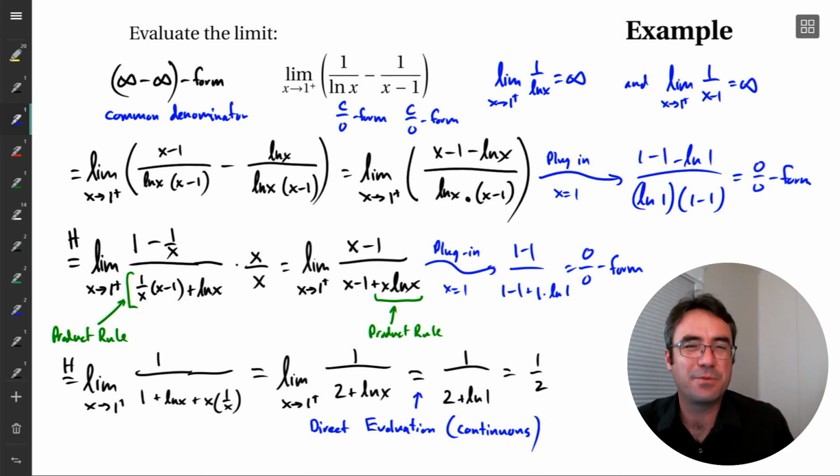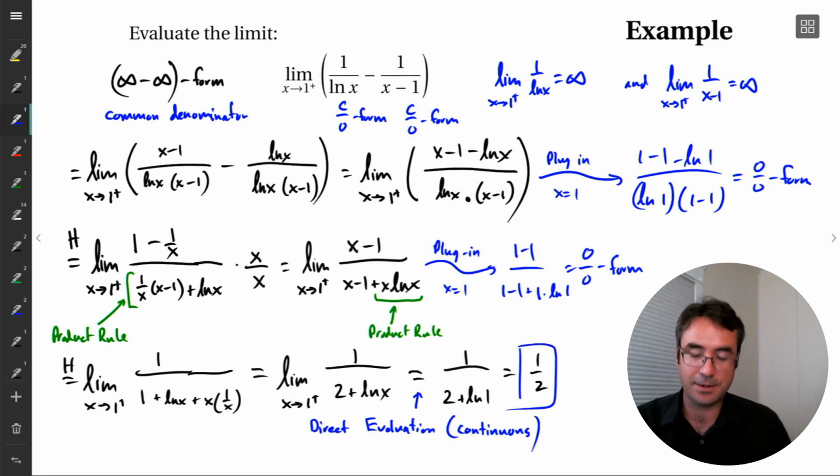And then we fall into the groove of L'Hopital's rule, simplify, get a brand new limit, check to see what's going on. Nope, still another indeterminate form, so apply the rule again. 0 over 0 form, we can do L'Hopital's rule again. Get a brand new limit, maybe simplify a little bit, and then check. And here we finally got an actual numerical answer. And that's it. That's our answer right there.